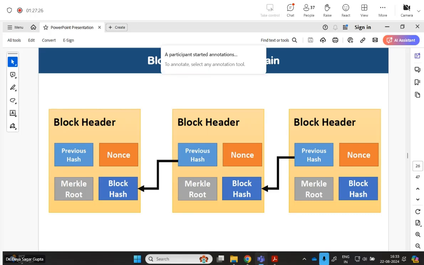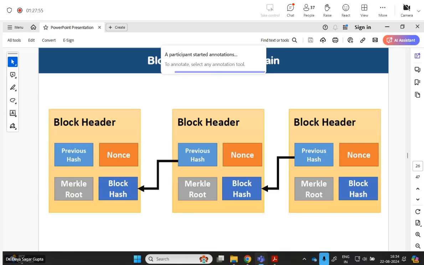We are going to have this previous hash, this block hash, nonces, and the Merkle tree. Means we are complicating my block header so that if there is a change in any data, its hash function is put on the next block and it cannot be edited.